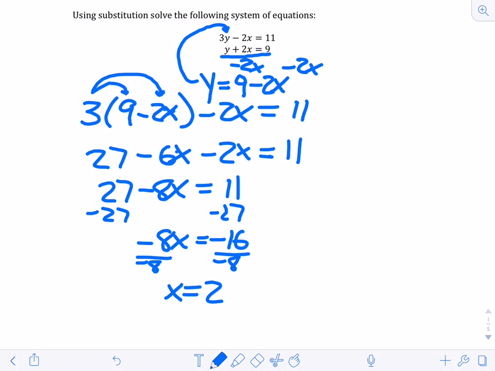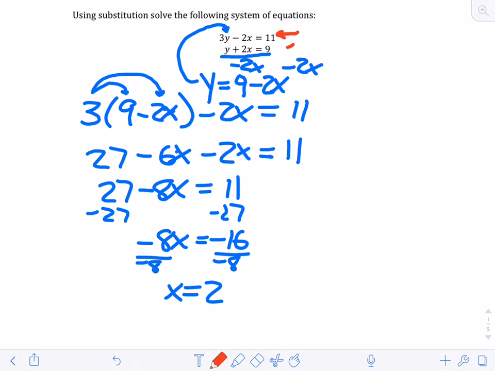Now good, we found half of our solution. We found our x value. Now we want to go back and we can either put our x into our first equation here, and we can solve for y.